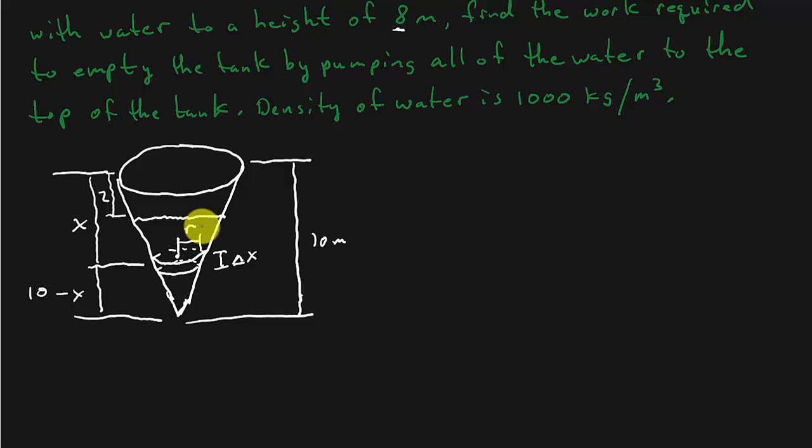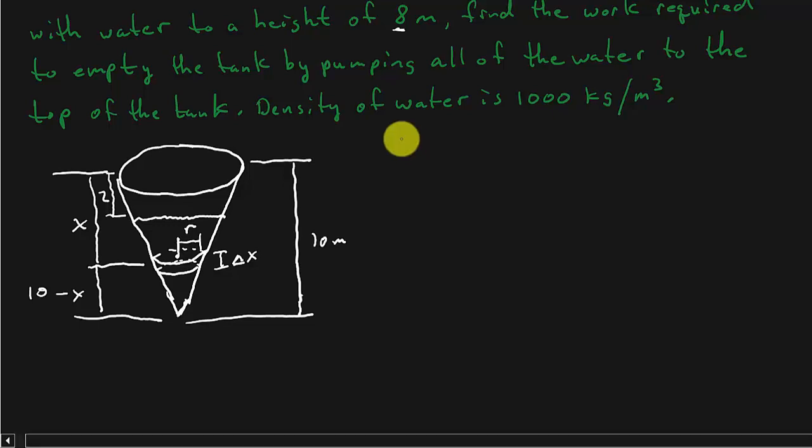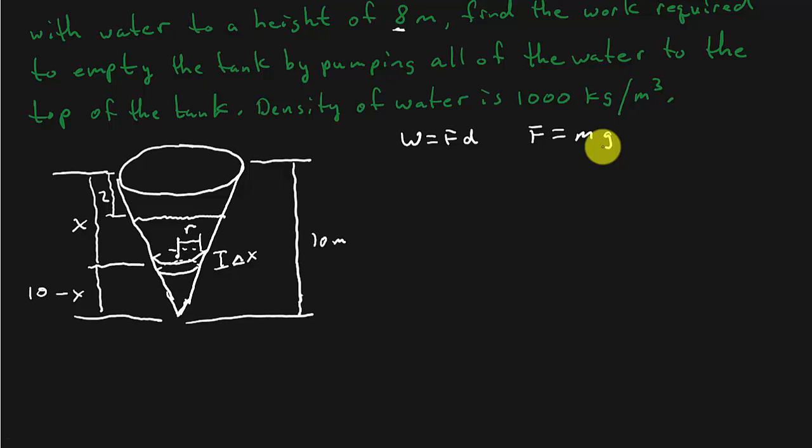All right, so remember, work is force times distance. And remember, to get the force, that's mass times the acceleration due to gravity. That's what we've got to find. So how do we go about getting that?